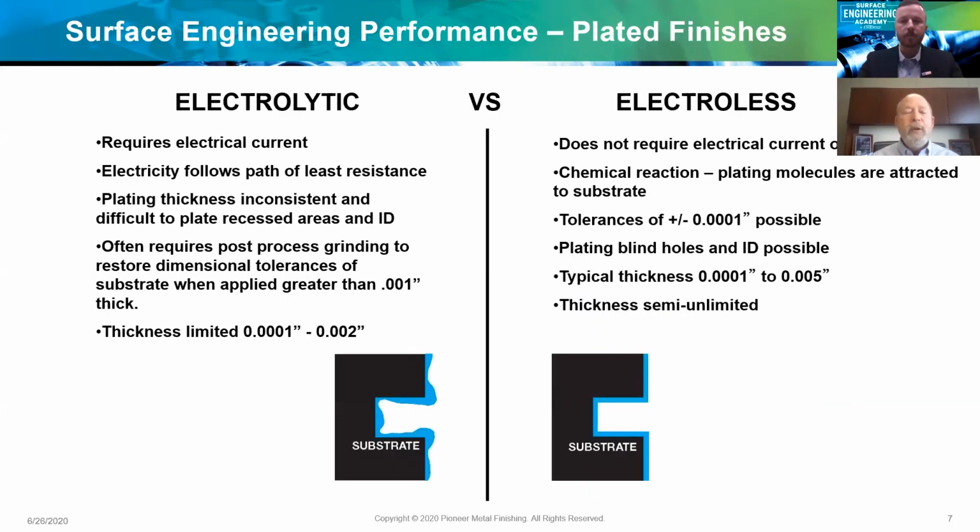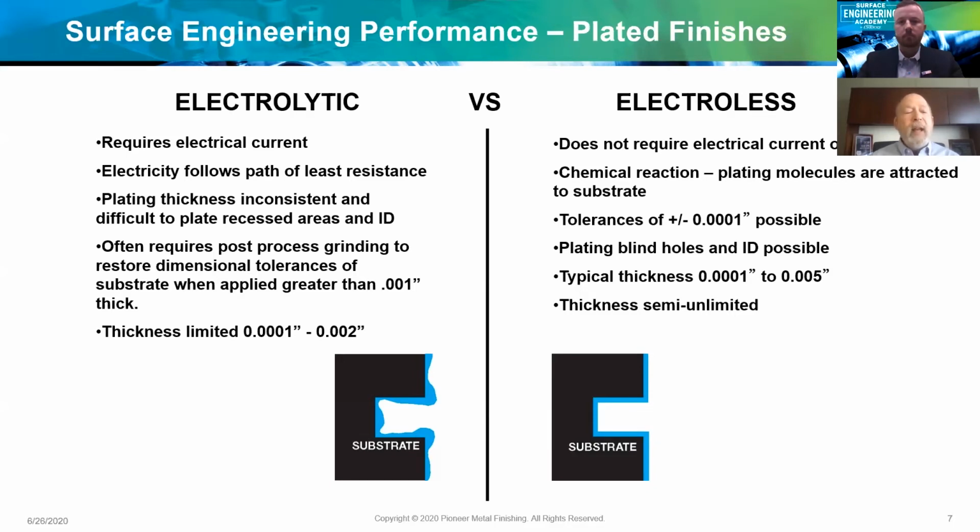So back to the original plating process, the electrolytic or the electroplating process, a variety of metals can be used for this process, anything from zinc, copper, brass, you name it. Nickel, chrome, precious metals, palladium, gold, silver.